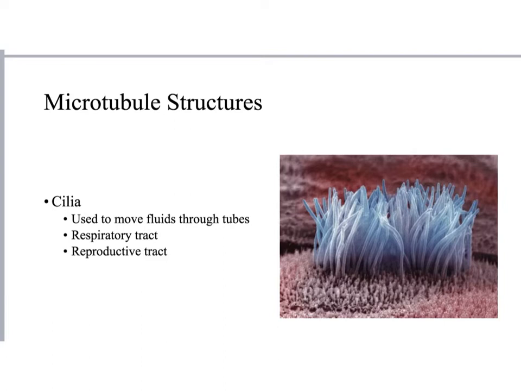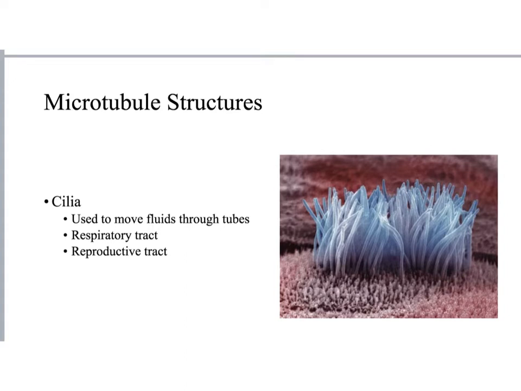So, for example, in the human body, we have cilia in our respiratory tract because we produce mucus in our respiratory tract. And we have to have a way of getting that mucus up and out of the respiratory tract. And the cilia on respiratory epithelial cells help move that mucus up and out of the lungs. And so that's one of the primary places we see it.